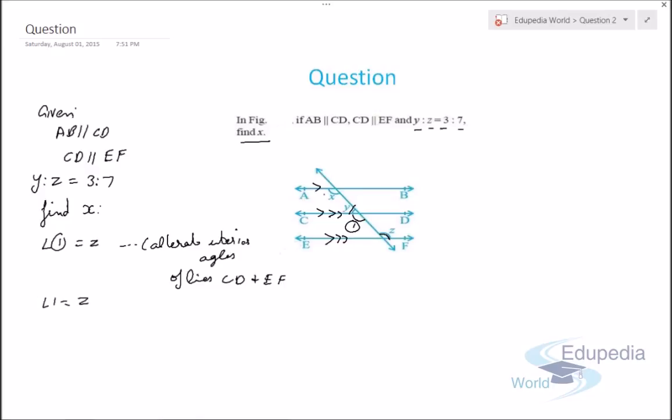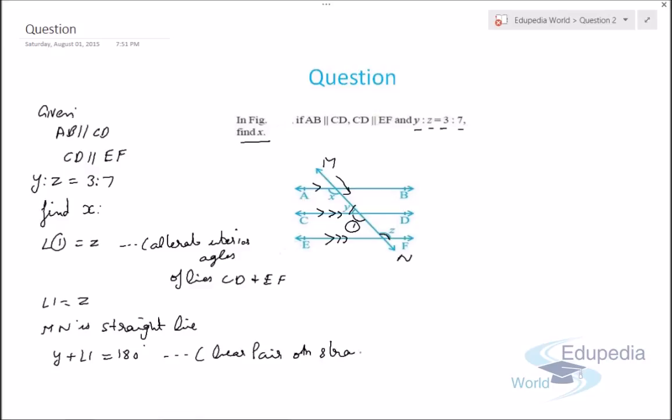Now if we consider this transversal, let this transversal be MN. MN is a straight line, right? Then angle y plus angle 1 is 180 degrees. Why? Because they form a linear pair on straight line MN.